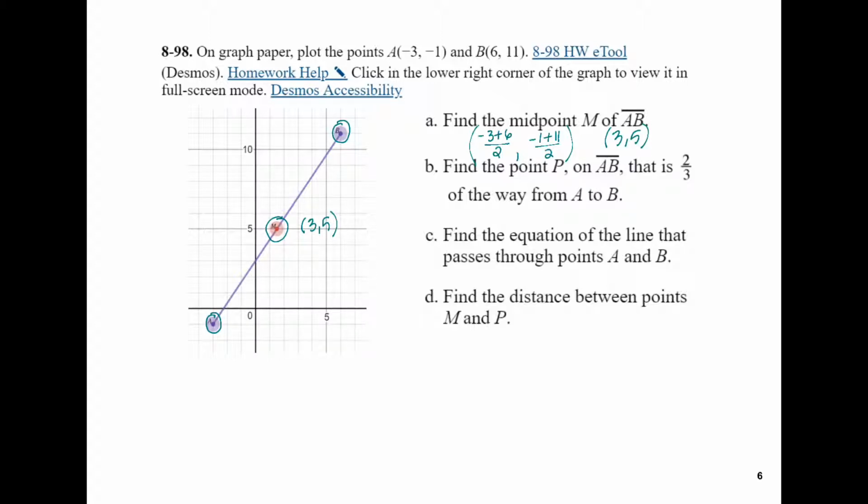Find the point P on AB that is 2/3 of the way from A to B. So 2/3 of the way from A to B. Be really careful up here. -3 plus 6 divided by 2 is not 3, it's 1.5.